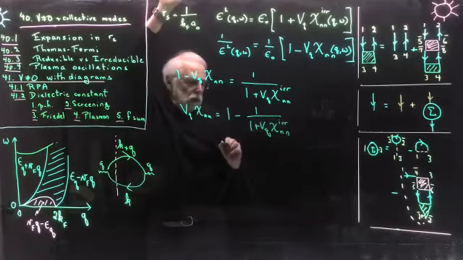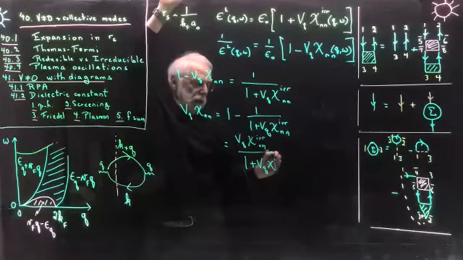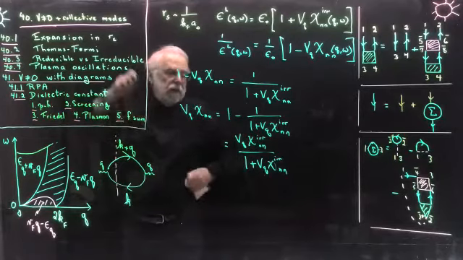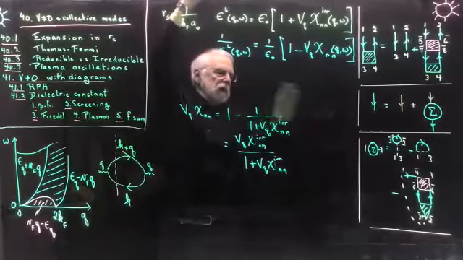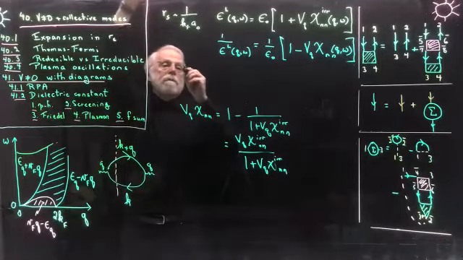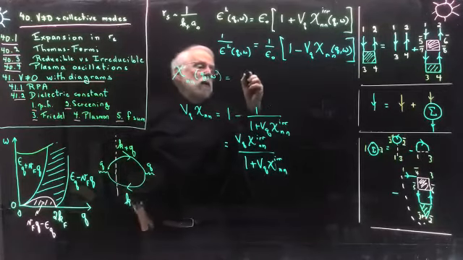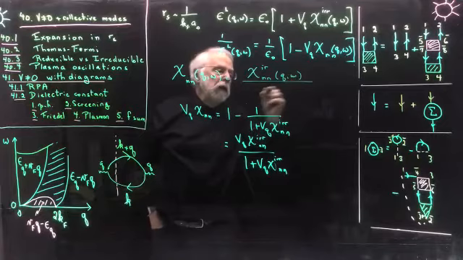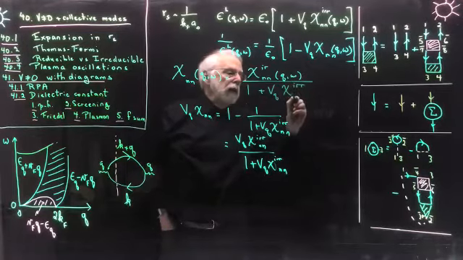So this is equal to V(Q) times chi irreducible n over 1 plus V(Q) chi irreducible n, which means that I have this formula now, which is just that chi n of Q and omega is equal to chi irreducible n of Q and omega divided by 1 plus V of Q times chi irreducible n of Q and omega.